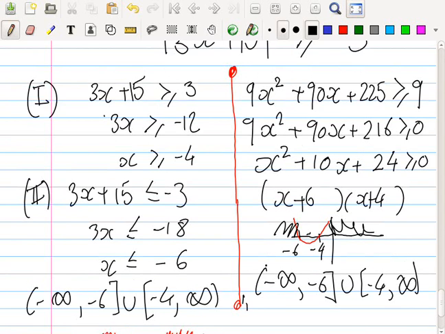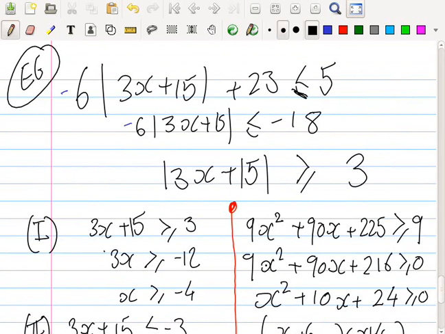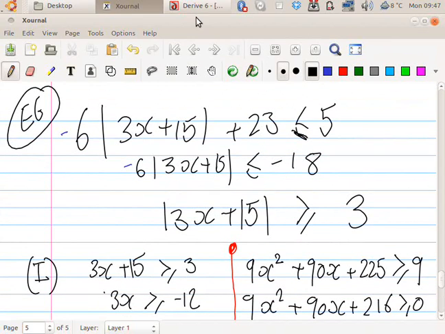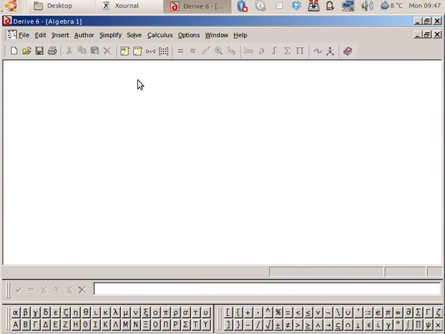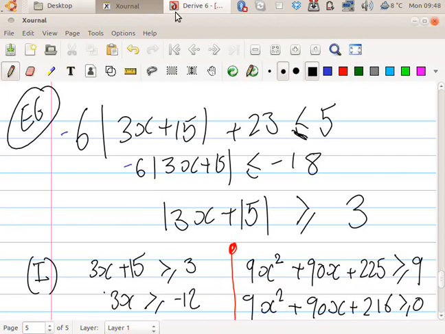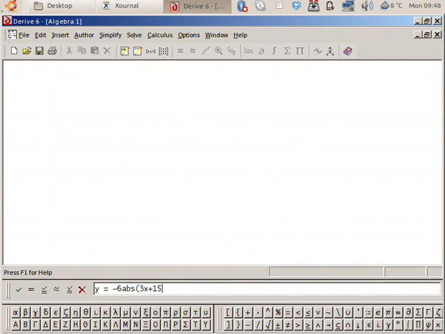Let me just go back here. So what was it? It was minus 6 and then plus 23. Okay, so let's just graph this here. Y equals minus 6 absolute value of 3x plus 15 plus 23. Oops.